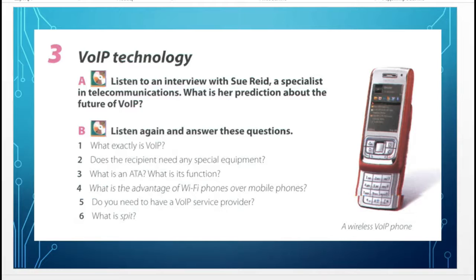Well, you can make a call in 3 different ways. The easiest way is computer to computer. All you need is a program like Skype or Dialpad, a microphone, speakers, and a fast internet connection. You can download telephony software from the net. It's even free. Or you can make calls directly from a website. Another way is through the use of a device called an ATA, an analog telephone adapter, which converts the analog signals of your traditional phone into digital signals.